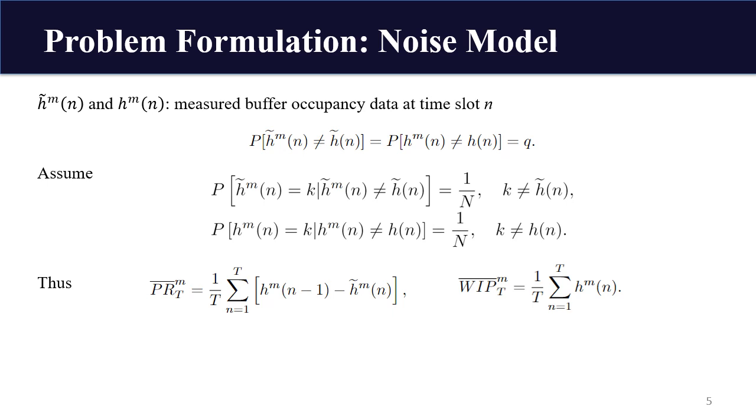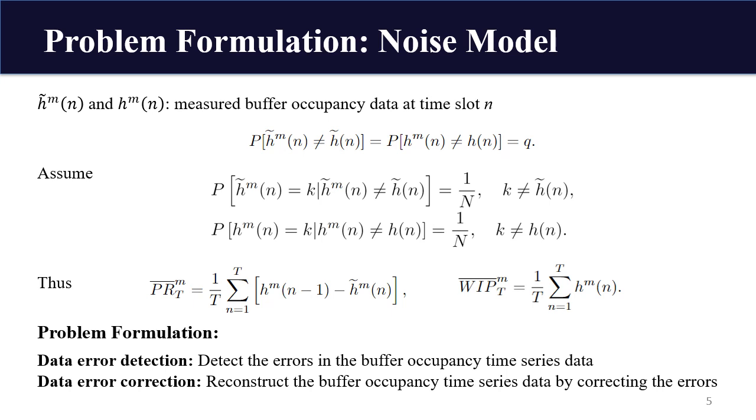Therefore, in our paper, the following problems are addressed. Data error detection: detect the errors in the buffer occupancy time series data. Data error correction: reconstruct the buffer occupancy time series data by correcting the errors in the data.